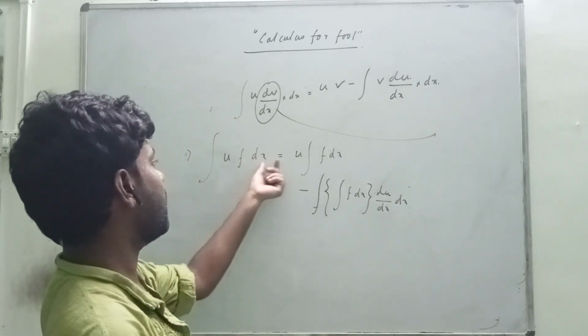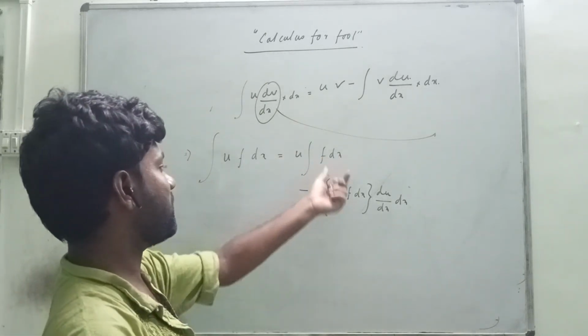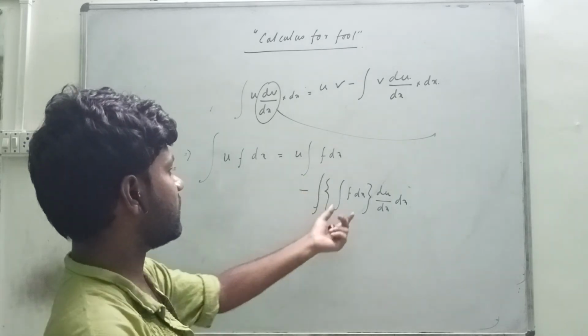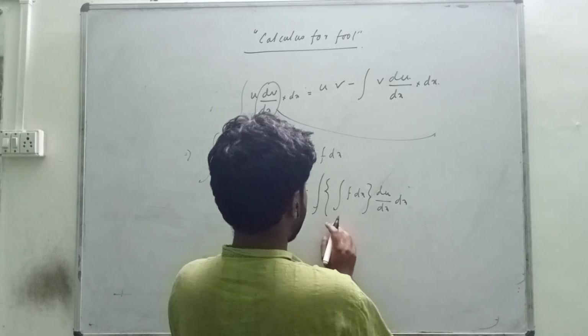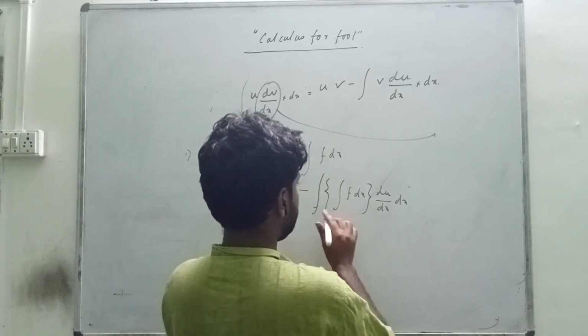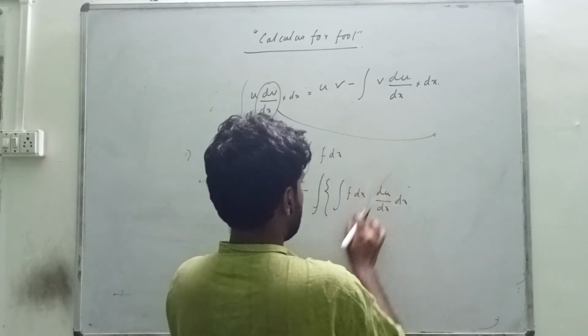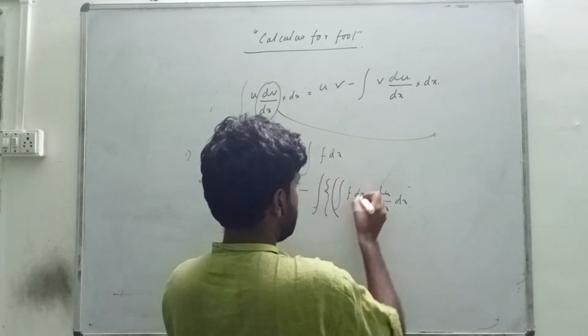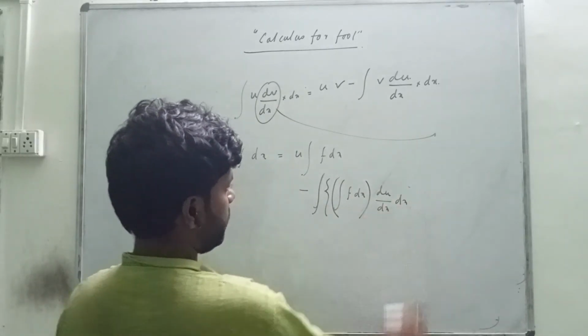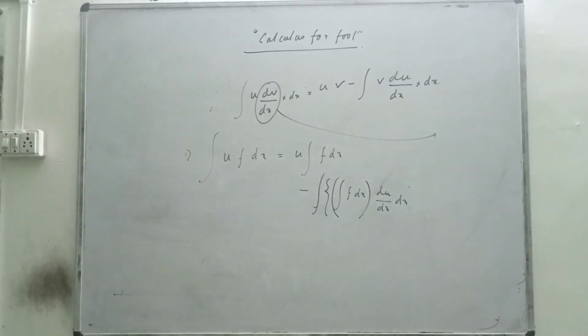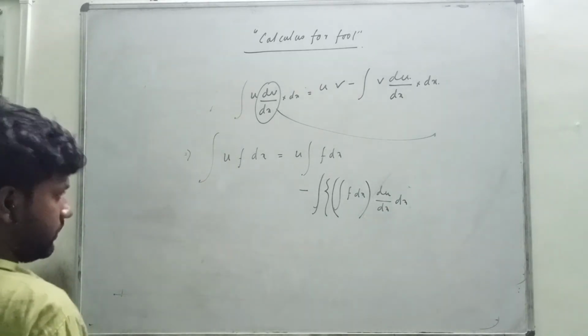It is u times the integral of f dx minus the large integral of the integral of f dx times du over dx, dx, right? It is your by parts formula.